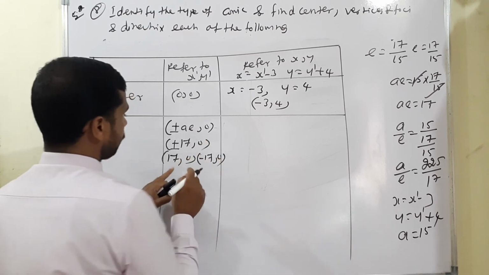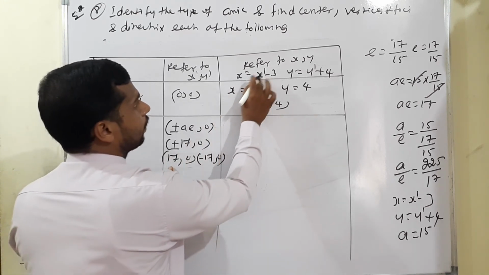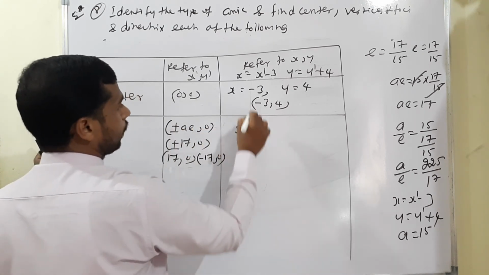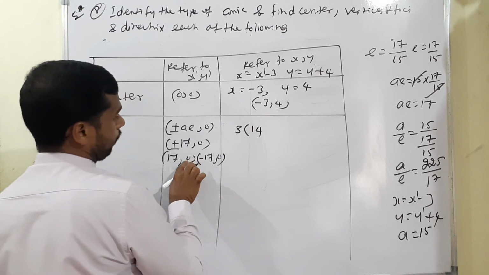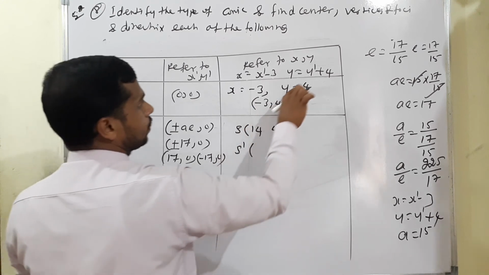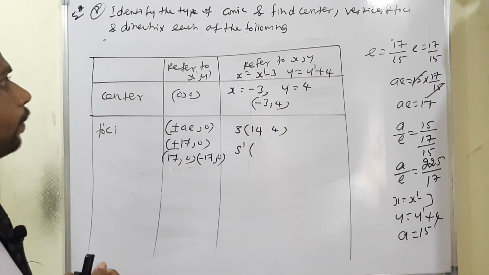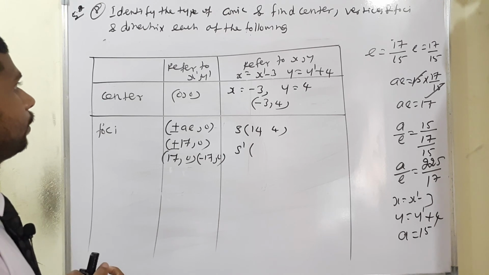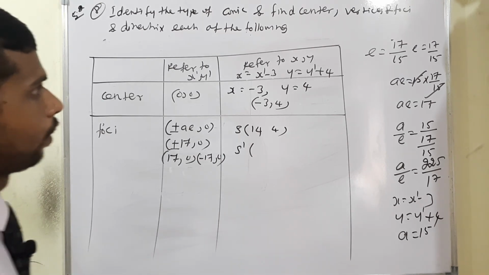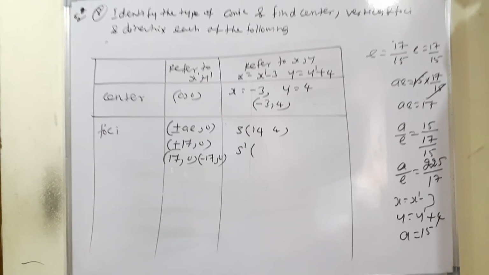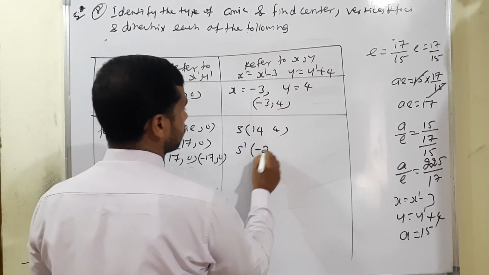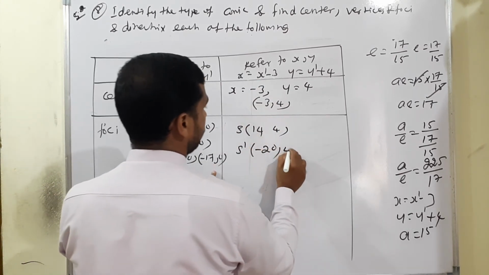First x is equal to 17 minus 3, which is 14, and y is 0 plus 4, which is 4. Next negative 17 minus 3 is negative 20, comma 0 plus 4 is 4.